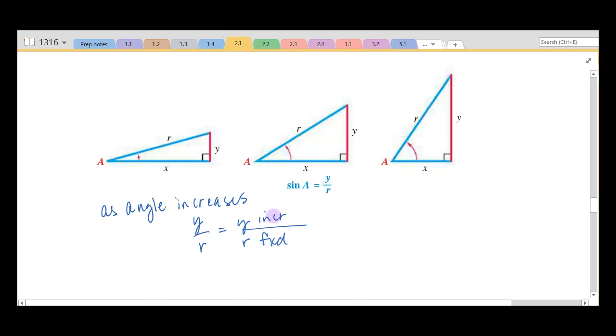So if y is increasing and r stays the same, that's going to make my fraction also increase. So the value here is also going to get larger. You can think of that by saying, okay, if I had the fraction 3/4, then I had the fraction 5/4, then I had the fraction 7/4.